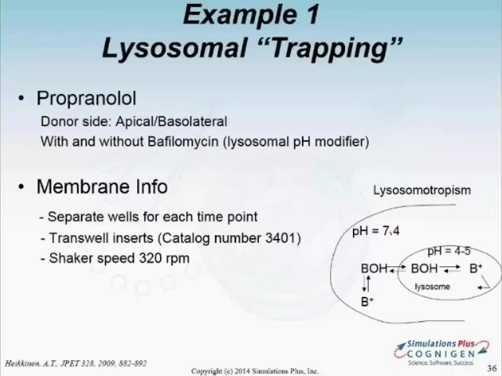One of them is lysosomal trapping. Again, hot topic, especially when it comes to drug distribution in vivo, but maybe also affecting the absorption of the compound, slowing down the appearance of the drug in the systemic circulation, even for the compounds that are assumed to be high permeability compounds.